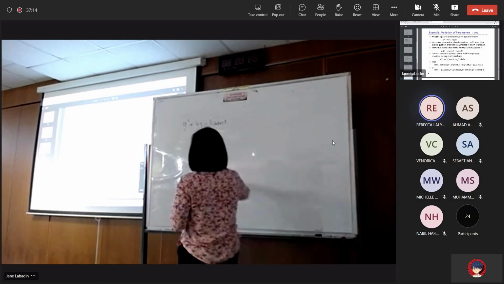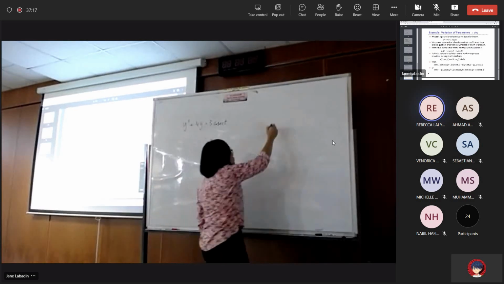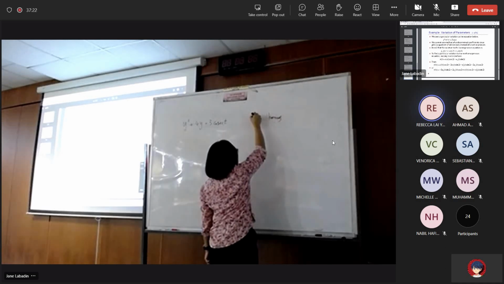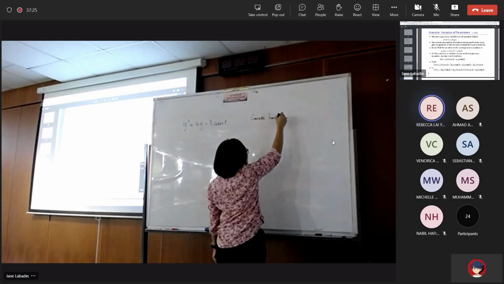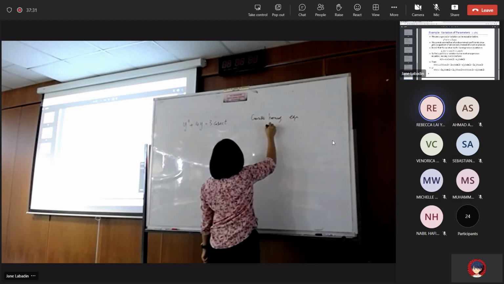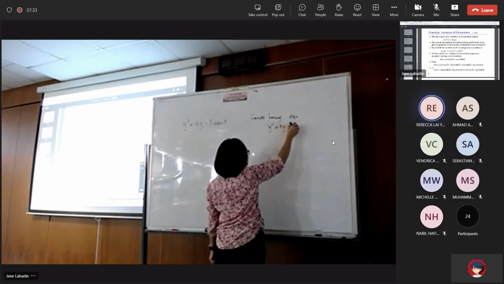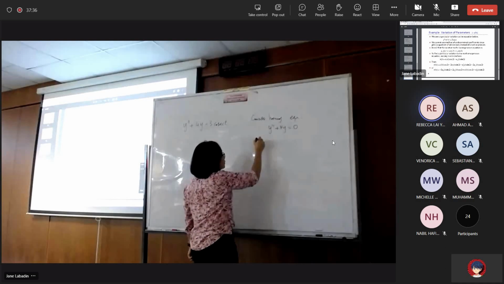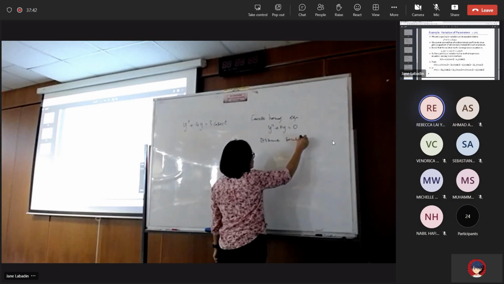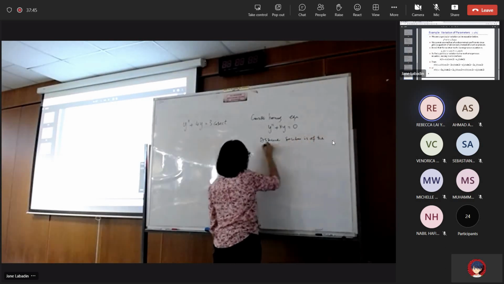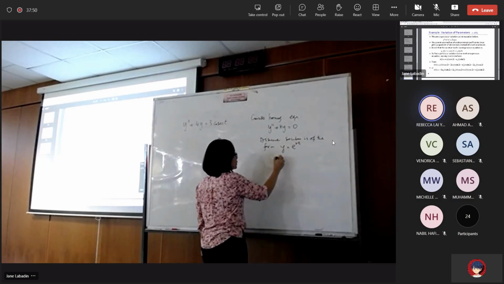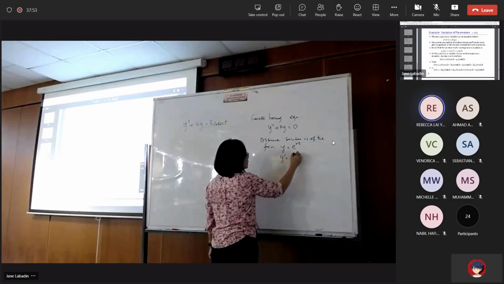And then the homogeneous part. Very quickly, let's do the homogeneous part. Consider the homogeneous equation y double prime plus 4y equals 0. Assume the solution is of the form y equals e to the power of rt, so y prime is equal to r e to the rt.